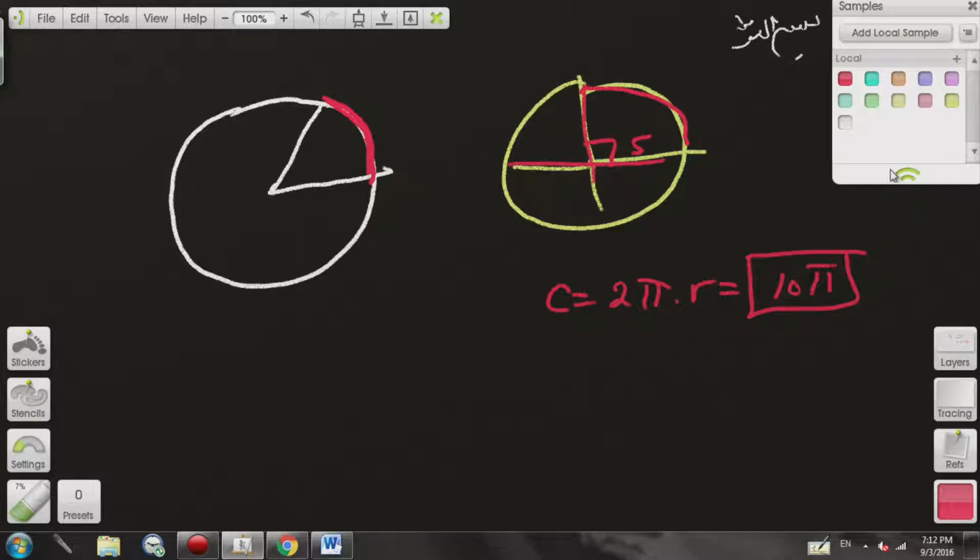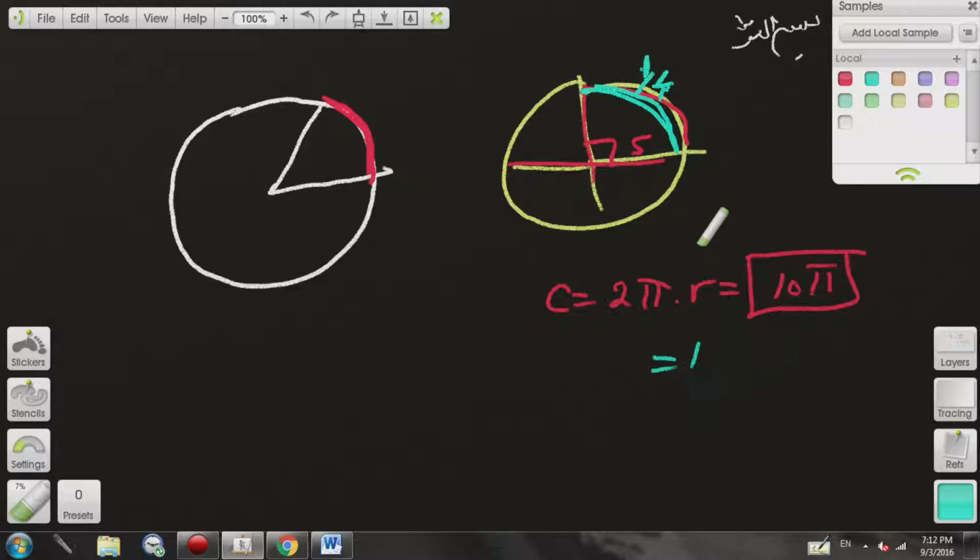That's the circumference. Well, this arc length is going to be 1/4 of the whole thing, correct? So it's going to be 1/4 of 10 pi. That's how you find arc length.